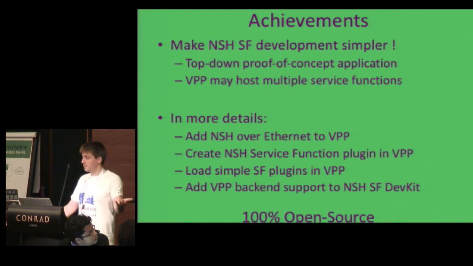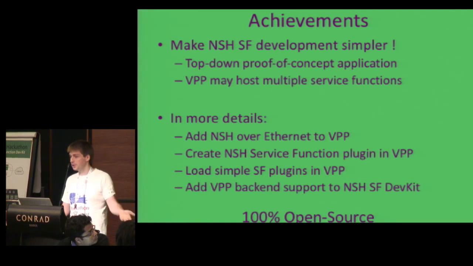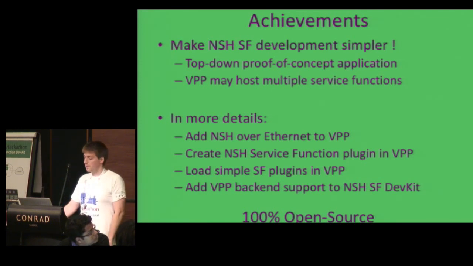Well, pretty much everything we set out to do. Yay. We had our test applications running and working. VPP uses a shared library interface to load multiple service functions from its command line. In particular, to interoperate with the traffic steering engine that Sandvine had implemented, we needed VPP to support NSH over Ethernet.